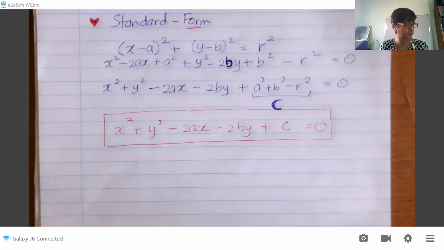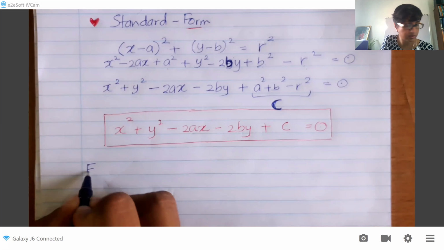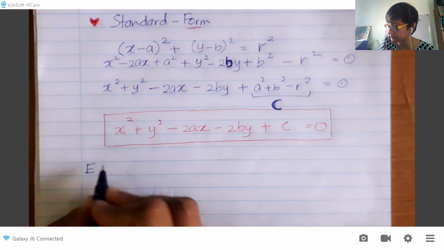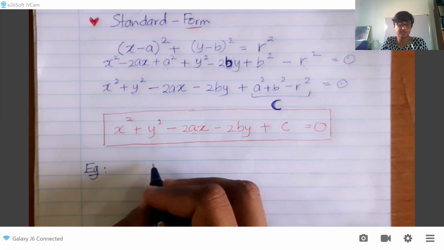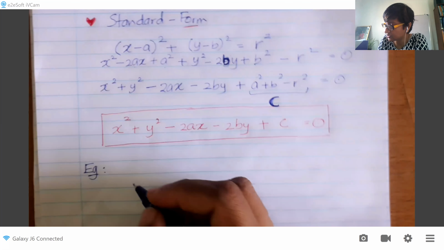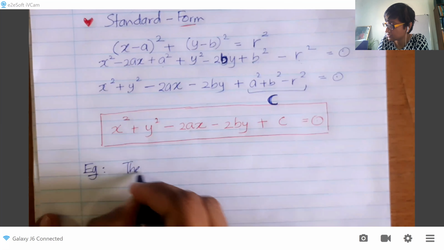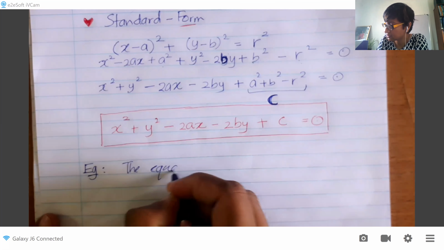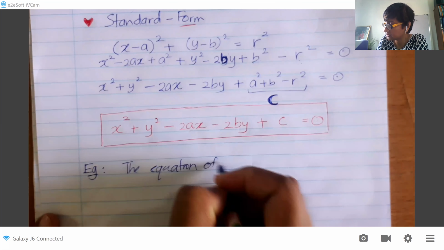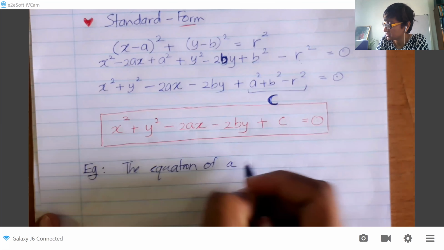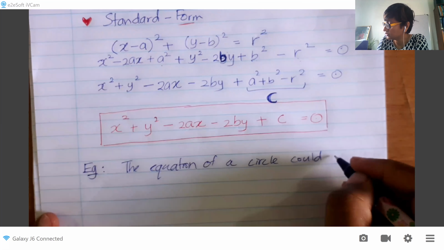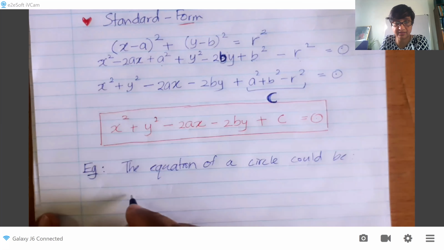But before that, let me write an example. Here is an example for the equation of a circle in standard form. The equation of a circle could be something like this. So here's a solid example.